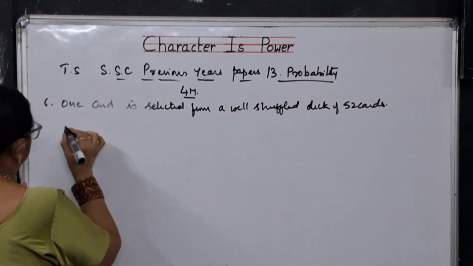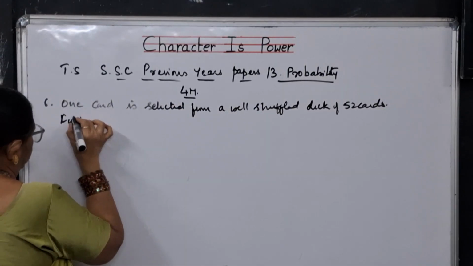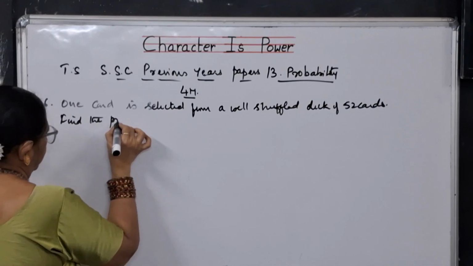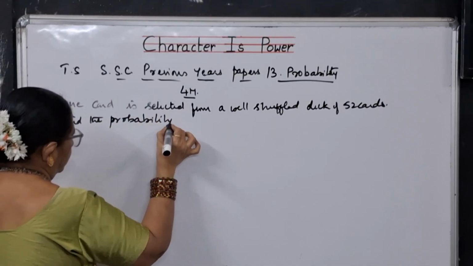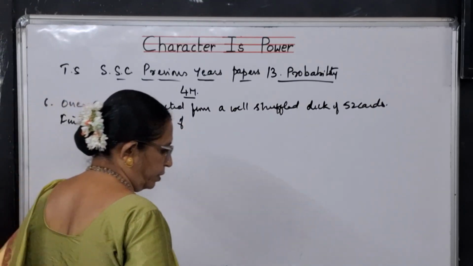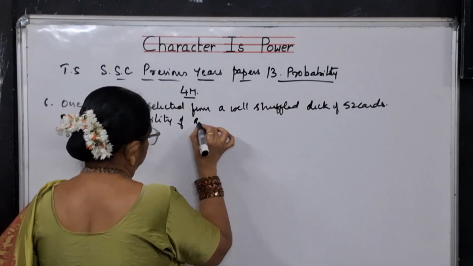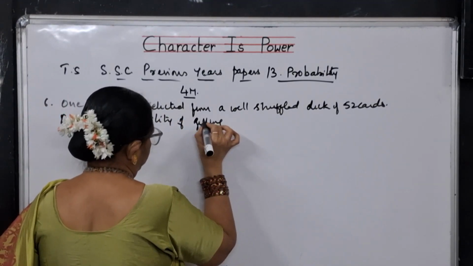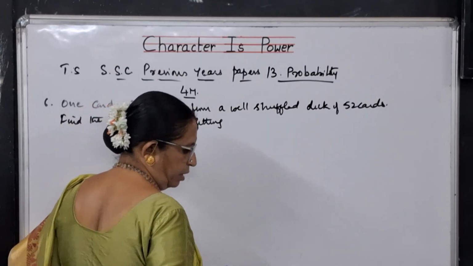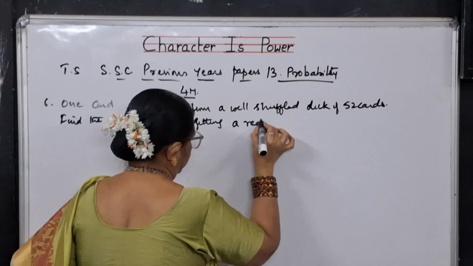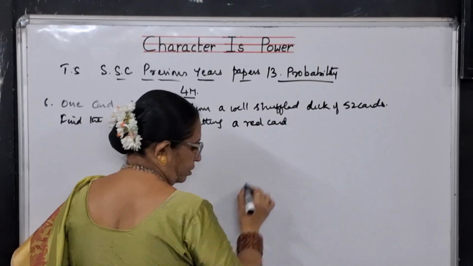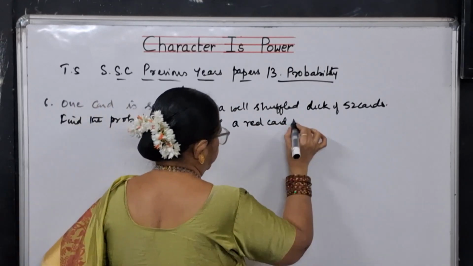Find the probability of getting a red card with a prime number.